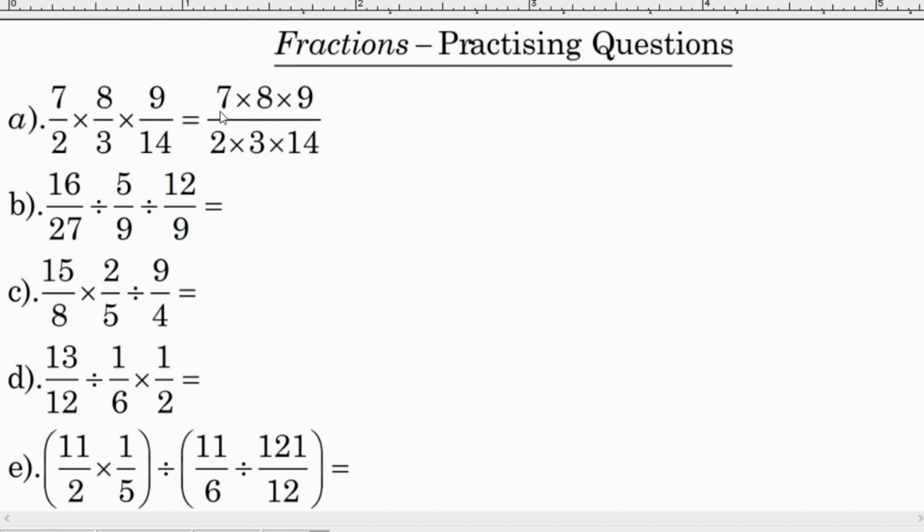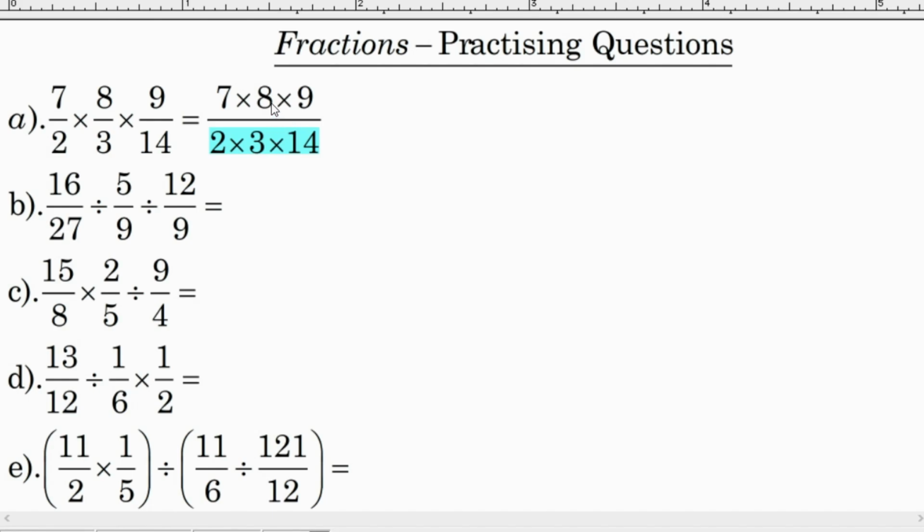Now I want to show you a special trick here. We could just multiply these three numbers together and these three numbers together, then simplify to get the answer.